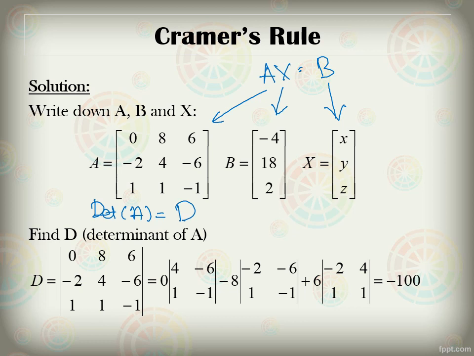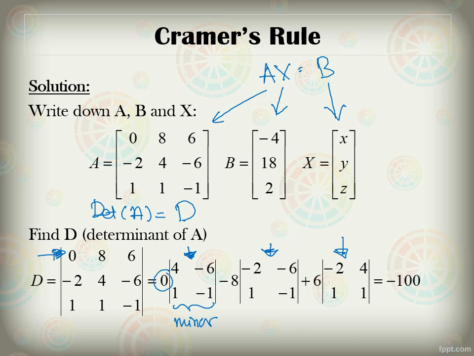So in this example, I use expanding along the first row. If you choose to use this method, expanding along the row or the column, you must find the minor or the cofactor, so you must consider the plus minus sign. The thing in the bracket here is the minor.